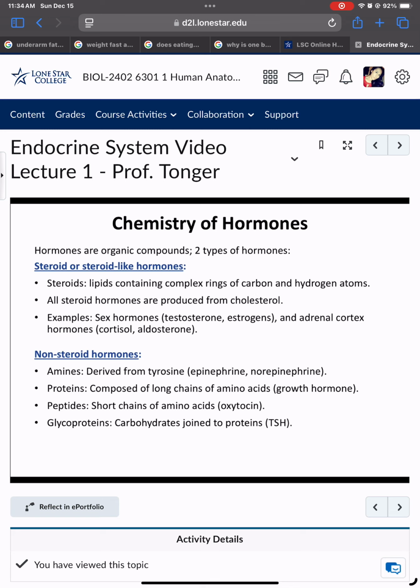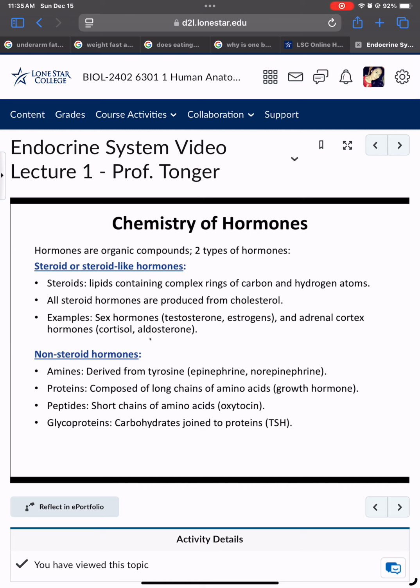These steroids are hormones produced from a raw material called cholesterol. So cholesterol is not that bad. We actually need it to make the important hormones of our body, which maintain homeostasis and regulate various metabolic processes. Examples of these steroid hormones include your sex hormones, testosterone, estrogen, and adrenal cortex hormones, which include cortisol and aldosterone.